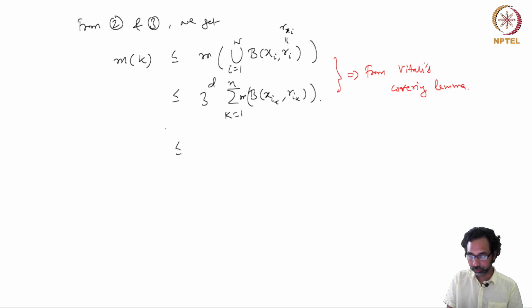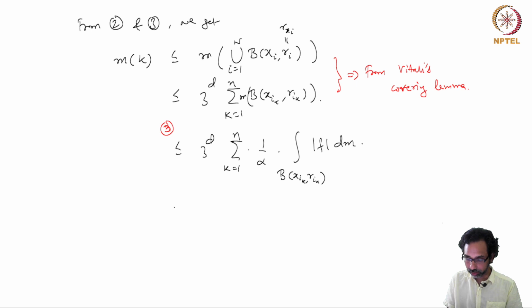And now from the third inequality we get that this is less than or equal to 3 to the power d times the sum k equal to 1 to n of 1 over alpha times the integral over B(x_{i_k}, r_{i_k}) of |f| dm, and this is equal to 3 to the power d over alpha times the integral over the union of all these B(x_{i_k}, r_{i_k}), k from 1 to n, of |f| dm, since these are disjoint.